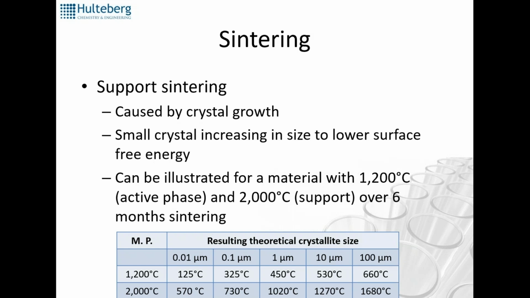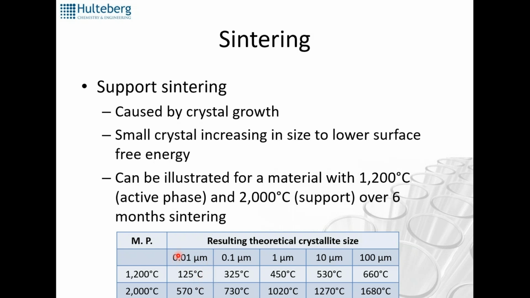So it's governed by thermodynamics, and you can, if you like, illustrate it in theory with a material which has a melting point of 1200 degrees and one with a melting point of 2000 degrees. And look what happens theoretically over 6 months of sintering. And you can see that the resulting theoretical crystallite size differs quite significantly between the two.